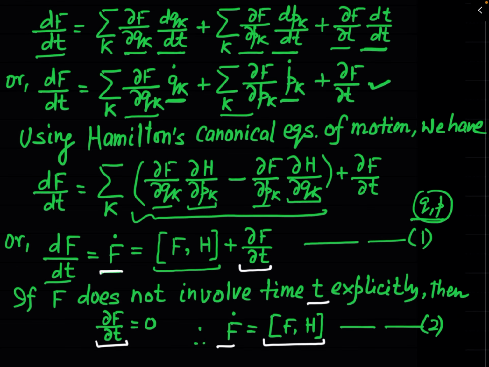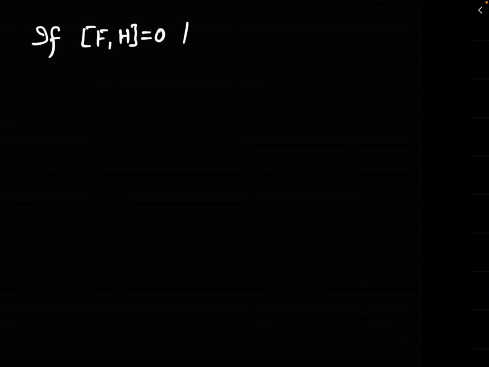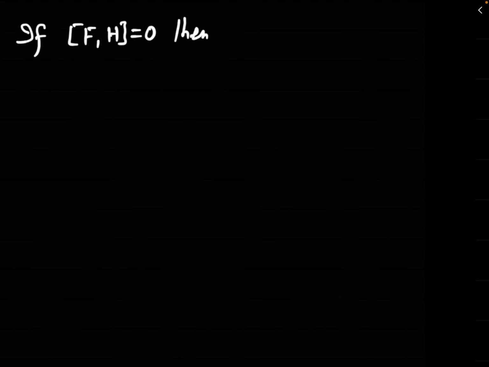If you consider that this Poisson bracket of f and h vanishes, that is, it is equal to 0, then from this equation 2 you can see that f dot will be equal to 0.